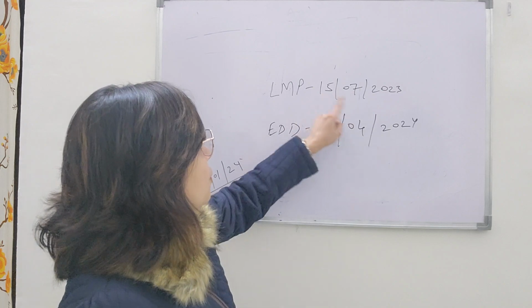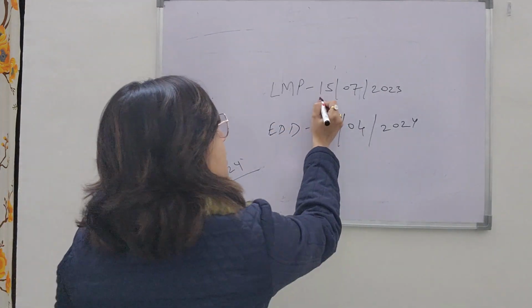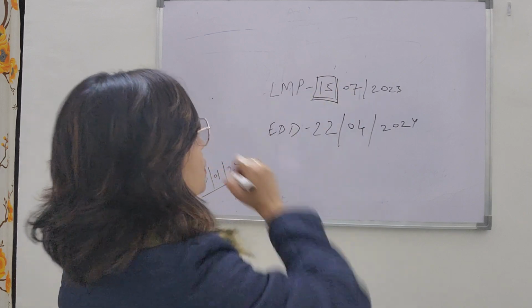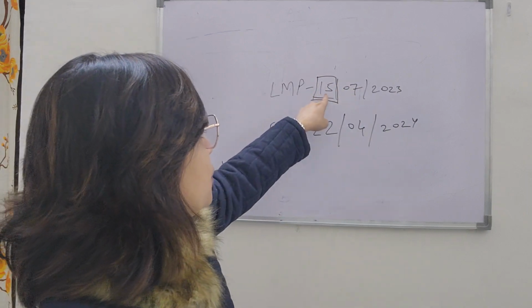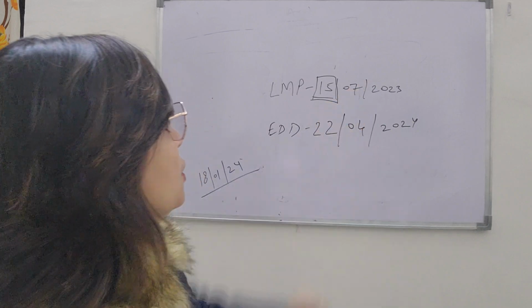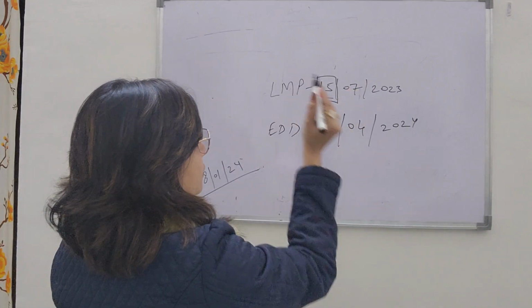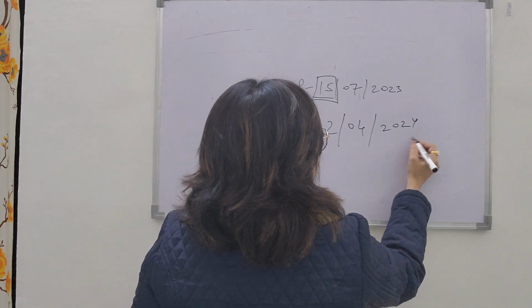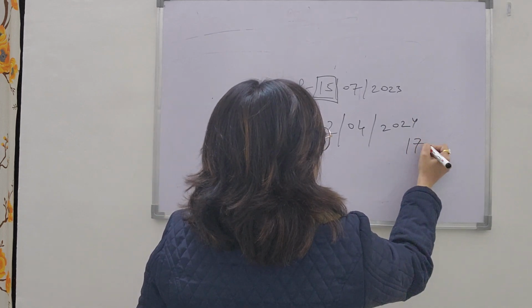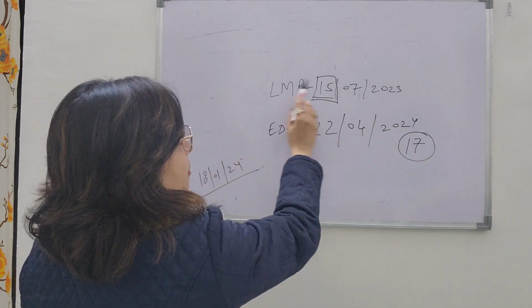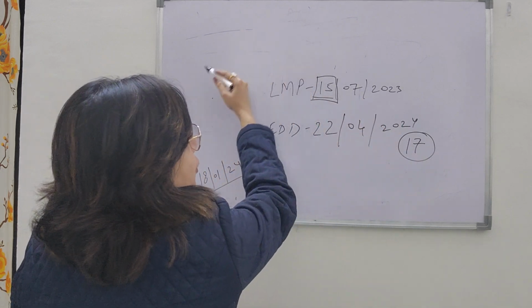So in July, how many days? You always take this last menstrual period date also in calculation. So if we count from 15th of July till 31st of July, July has how many days? From 15th July would be 17 days, because July has 31 days, right? 31 minus 14 days. 14 days have already gone.